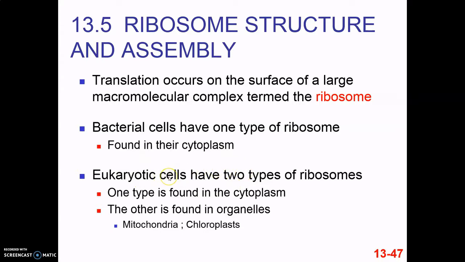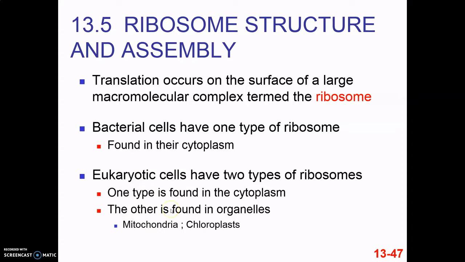And this is all due to its organelles that have an odd evolutionary past. So, eukaryotes have one type that is found in the cytoplasm, and it is the main ribosome that actually belongs to the eukaryotic cell itself.